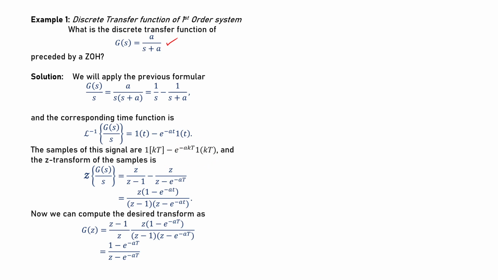And after that, you can compute G of Z of the whole system by multiplying the result that you just found here by this term. Okay, this term is just the same as 1 minus Z to the power minus 1, right?